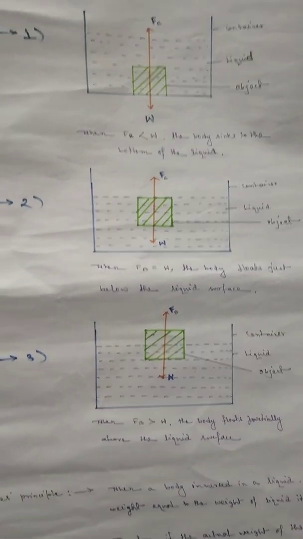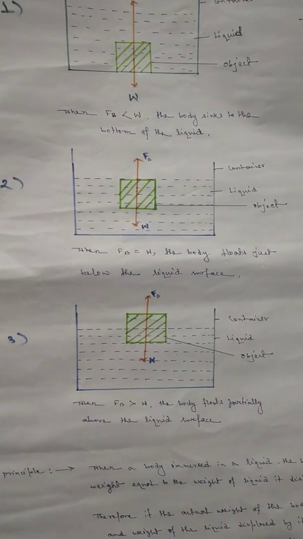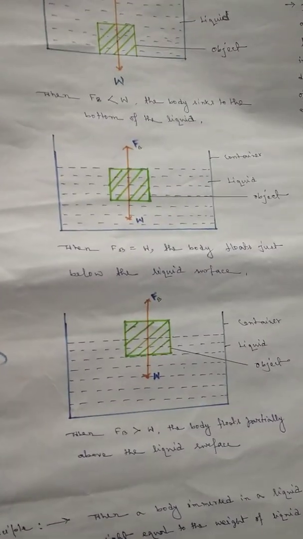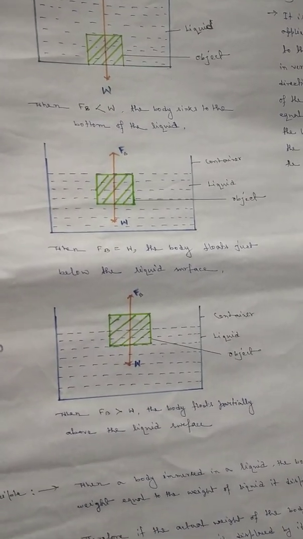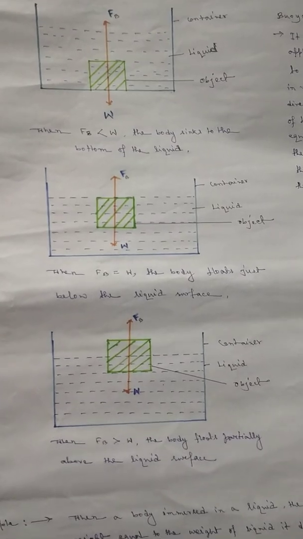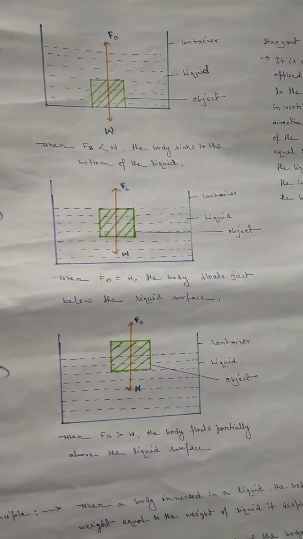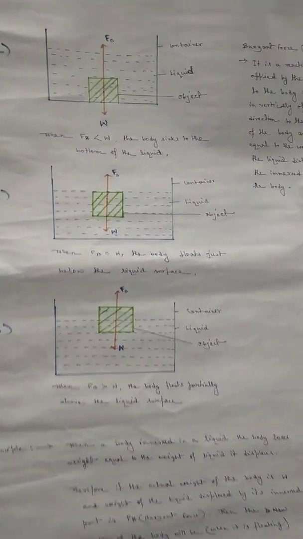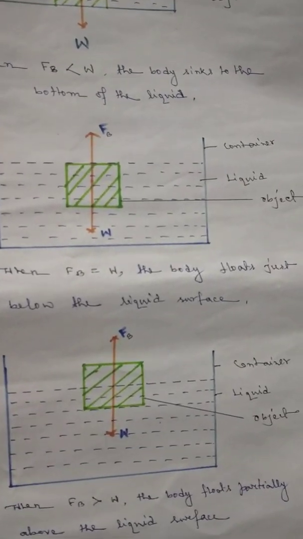If Fb is greater than W, the resulting force acts upward and floats the object. That is the fact.